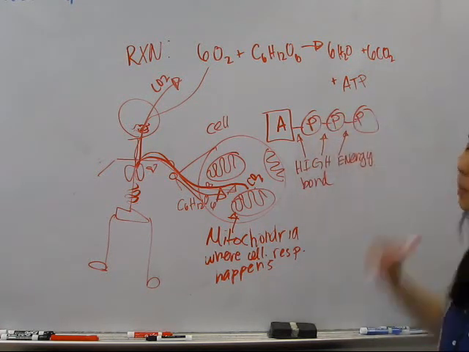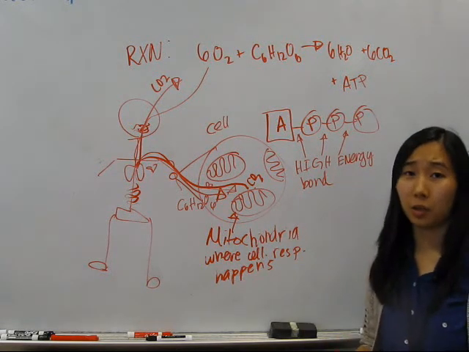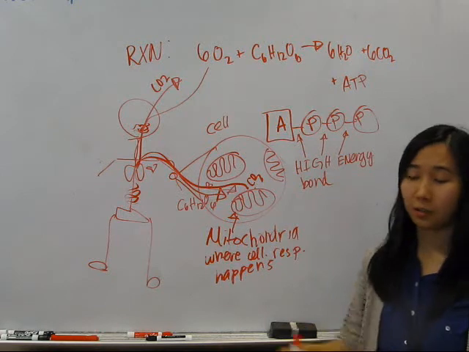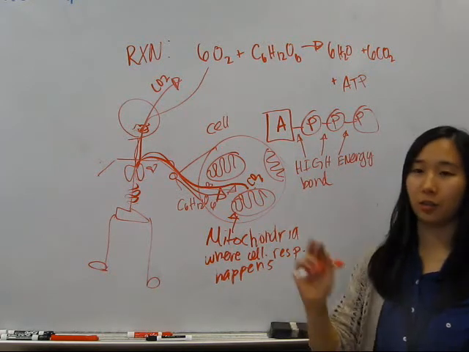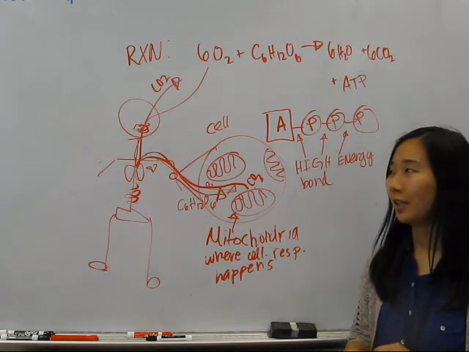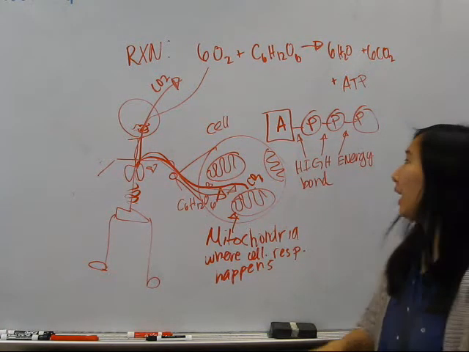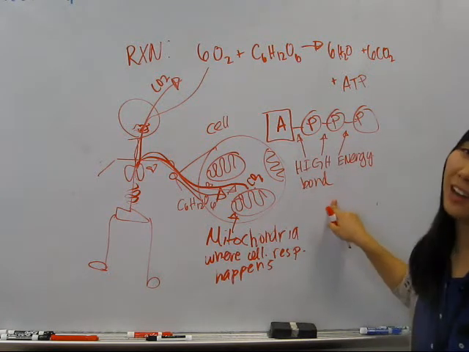Right? These bonds contain an incredible amount of energy. Energy that you can use to walk down the street, pick up your pencil, play Xbox, or more importantly, stay warm, breathe, have a heart that beats. All of those processes require energy.